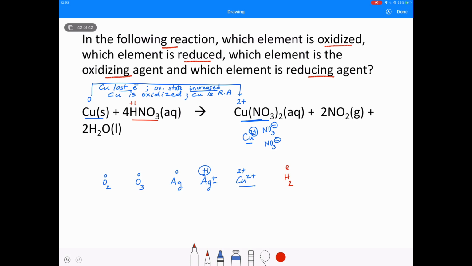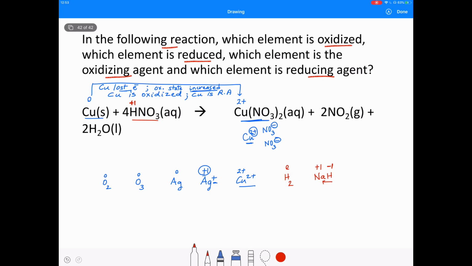And unless it is attached directly to a metal. Suppose hydrogen is attached directly to a metal, such as sodium, which is in the first group and gets +1 oxidation state. Then hydrogen should be -1 so that they add up to 0. So except when hydrogen is directly attached to a metal, the usual rule is assigning it +1. So we're going to assign +1 to hydrogen.